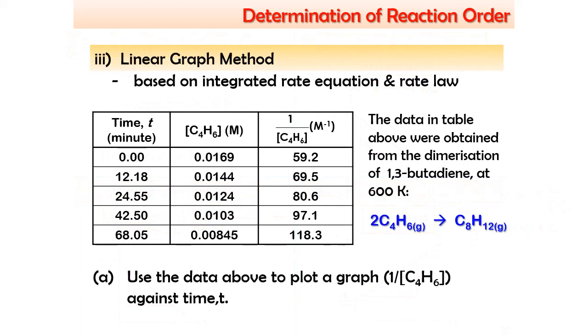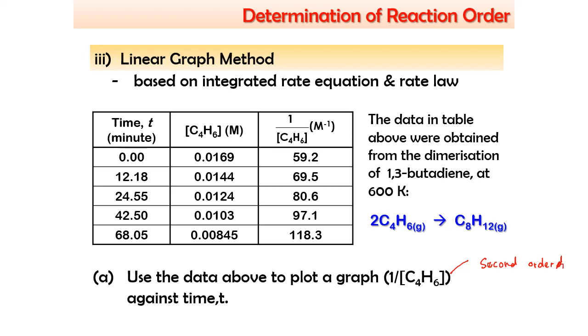Okay, based on this example, okay, if you refer to this example, the question already asks you to plot a graph of 1 over concentration against time. Okay, so from here kita tahu kita nak prove that it is second order reaction.